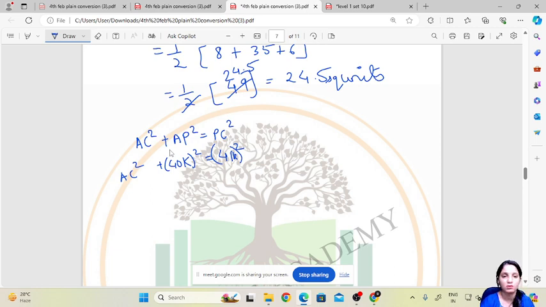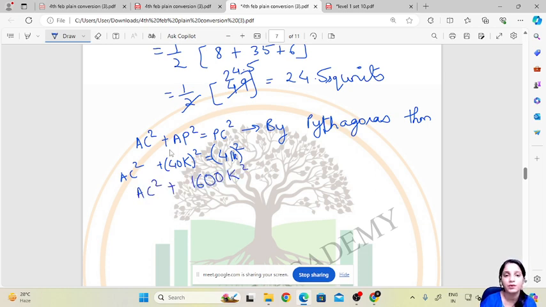Okay, now this is by Pythagoras theorem. You have to write, okay, by Pythagoras theorem. AC square plus 1600 K square equal to 41 square, which is 1681 K square.